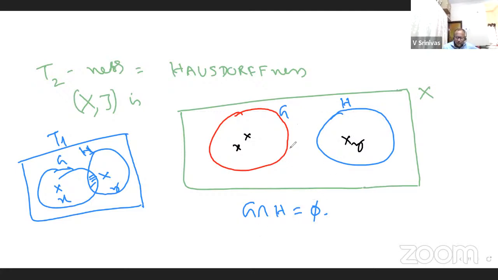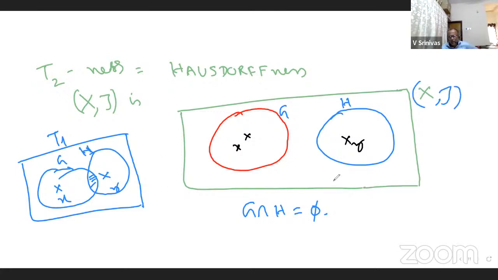There is no common element in G and H. That's what we ask for, and this should be true for each and every pair of distinct elements X and Y coming from capital X. If that is so, we say this space X with topology tau is Hausdorff.